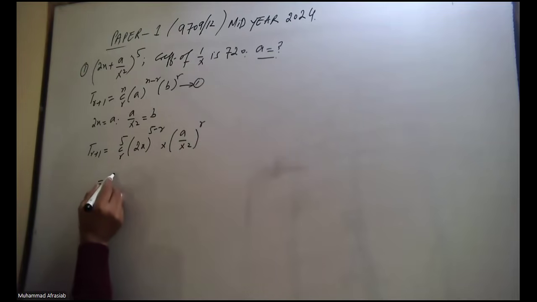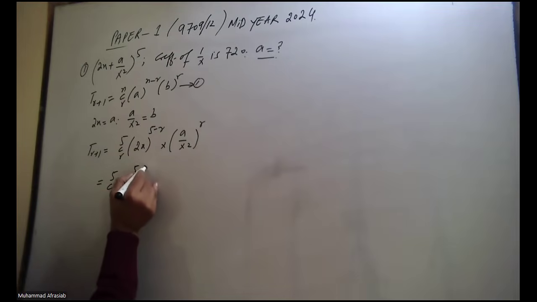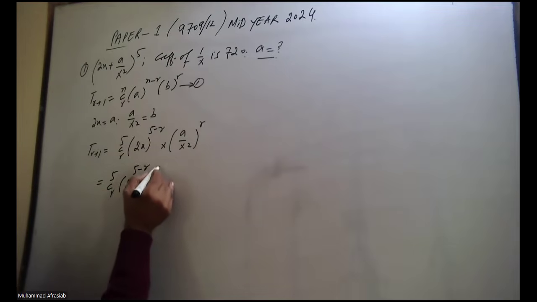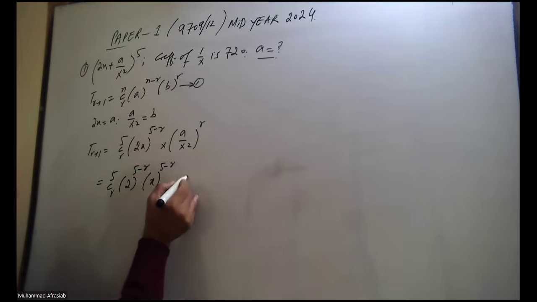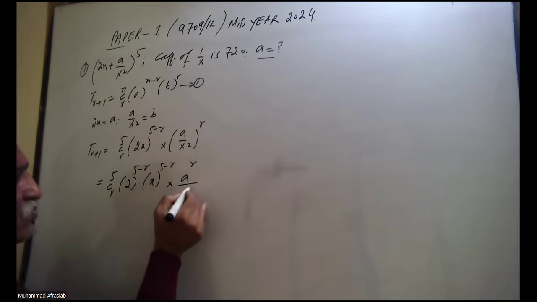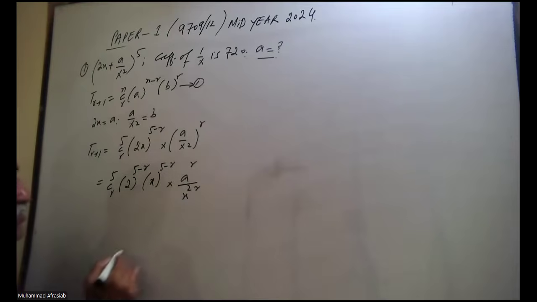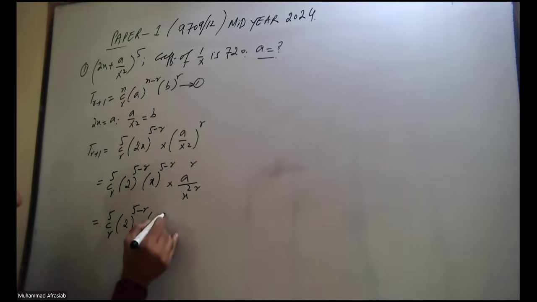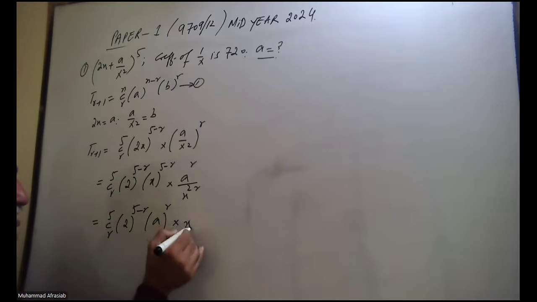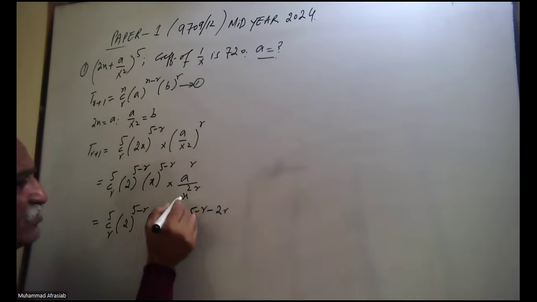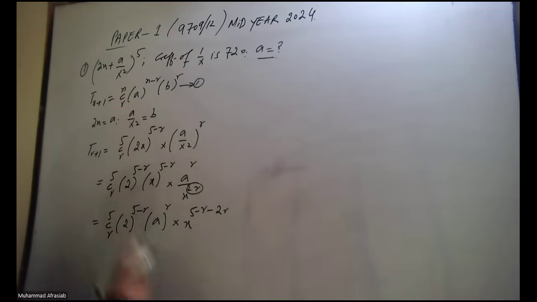This becomes equivalent to 5Cr 2 power 5 minus r x power 5 minus r a power r over x power 2r. It will be equal to 5Cr into 2 power 5 minus r into a power r into x power 5 minus r minus 2r, because this is shifted to the numerator.